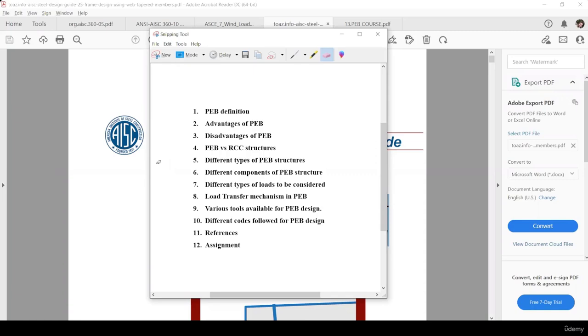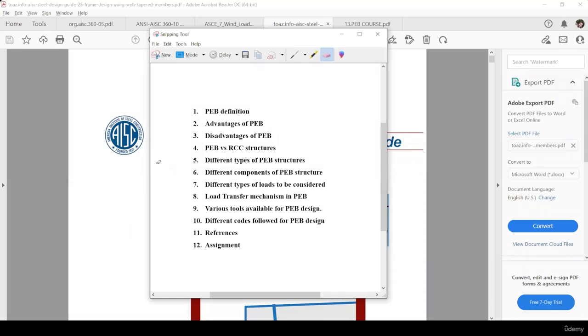And what is meant by lean to we have learned, and lean to and single slope, T canopy, L canopy we have seen. And we have seen the different components of a PEB structure like purlins, girts, sheeting, and other accessories like skylights and insulations. Like what are the miscellaneous accessories used in PEB we have seen in the last class.